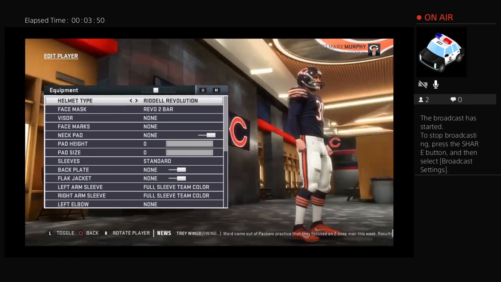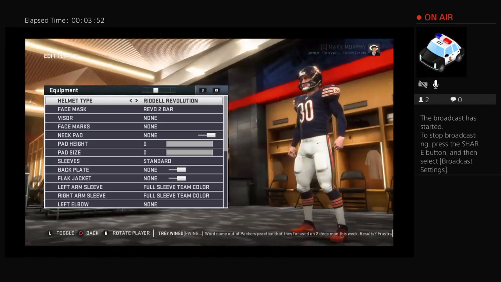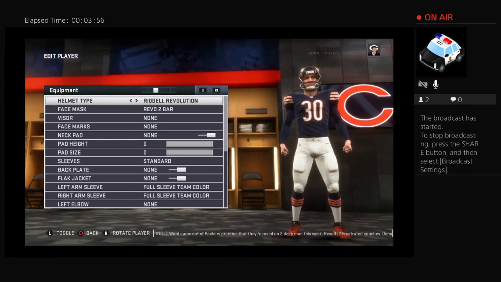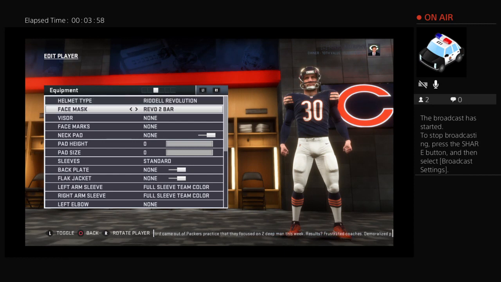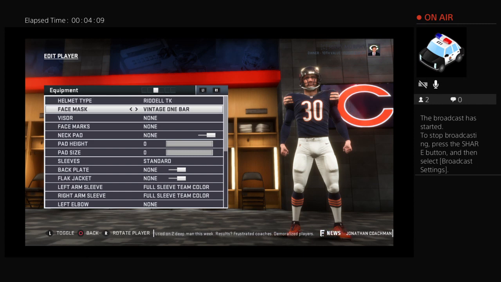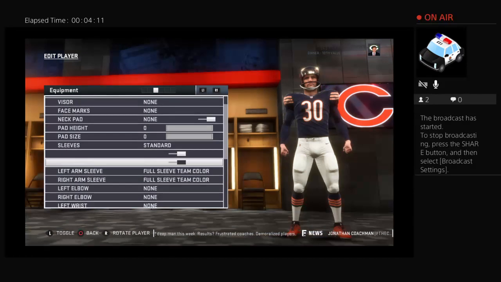Actually, the Riddell Revolution looks pretty smooth. I can't see the top of the helmet here. So you can still do 80s and 90s players, you just gotta find the right one and be creative.